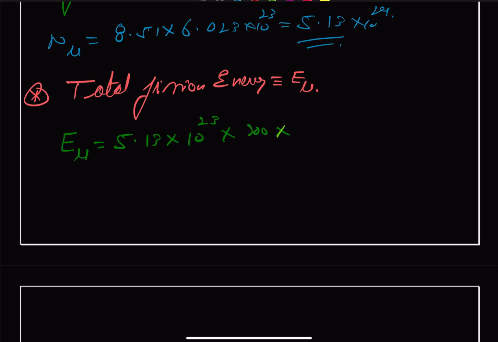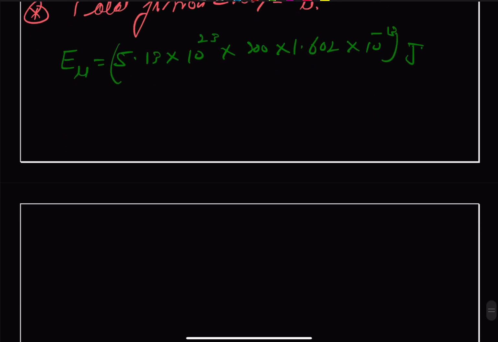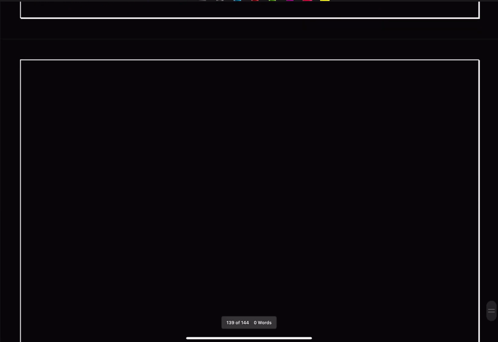So this becomes 200 into 1.602 into 10 to the power minus 13 joules. So we get this as our E of U will be approximately equal to 1.64 into 10 to the power 14 joules.